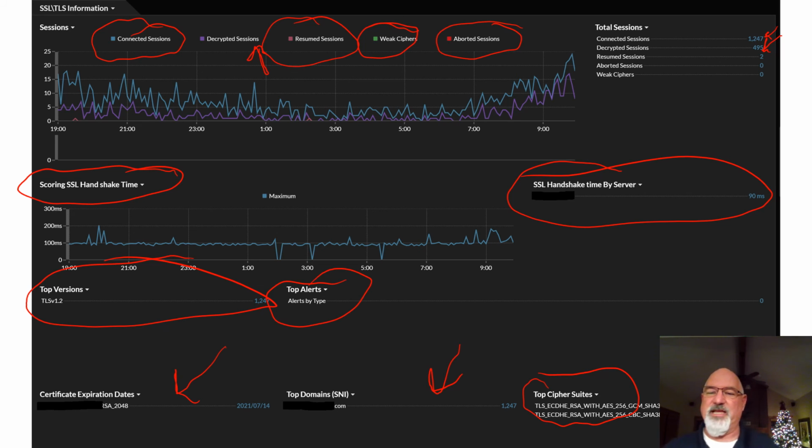And oftentimes it helps me troubleshoot because the actual dashboard that I have has DNS at the top, shows me how many DNS queries, whether I'm having problems with DNS queries, then it goes right into the TCP three-way handshake, and I see the three-way handshake and the TCP latency, and then it moves right into the SSL handshake, and I can see the timings on the SSL handshake and any aborts or any problems that I'm having with the SSL handshake.